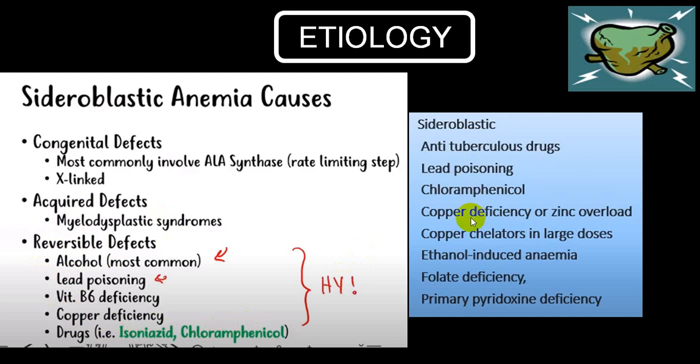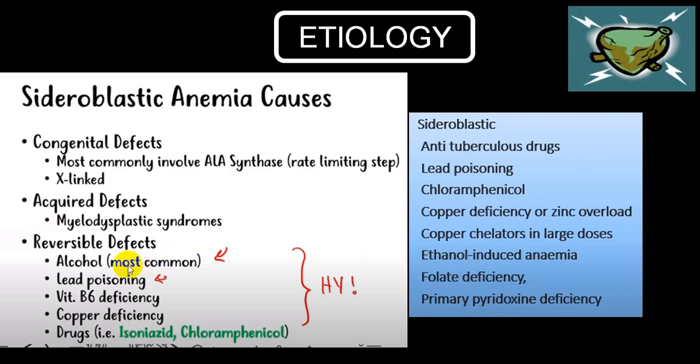There are many other drugs which can also lead to sideroblastic anemia, and one of the most common anti-tubercular drugs is isoniazid, and another common one is chloramphenicol. Nowadays the use of chloramphenicol is not so much, hence we don't come across sideroblastic anemia due to that. It can also be because of folate deficiency, primary pyridoxine deficiency, ethanol, etc.